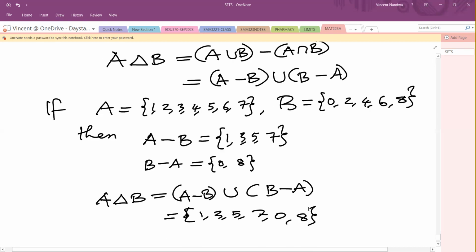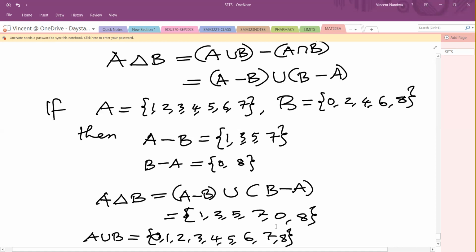And check what will be A union B? 0, 1, 2, 3, 4, 5, 6, 7, and 8.